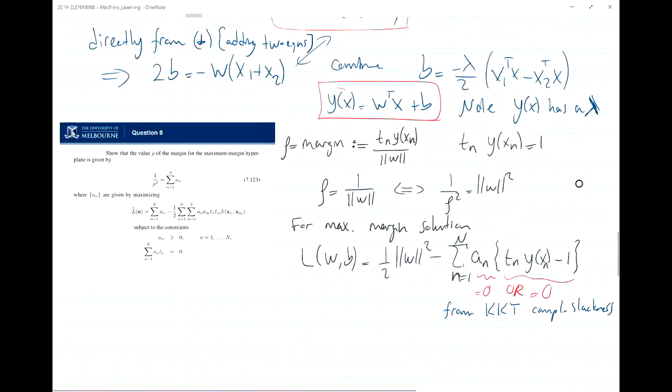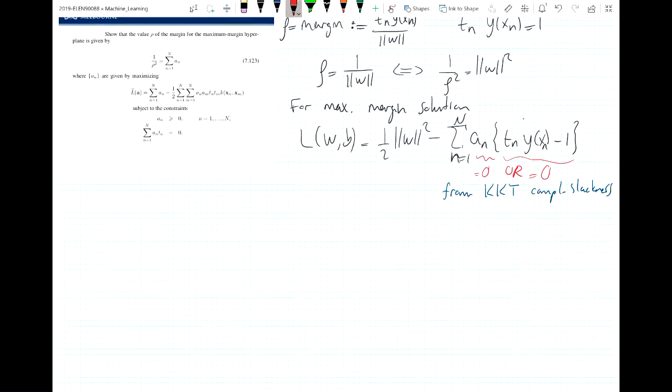Either those data points are support vectors and their an is positive, but then Tn y of xn is 1, therefore the parenthesis is 0, or they are not support vectors and their Lagrange multipliers are 0. So that removes this.